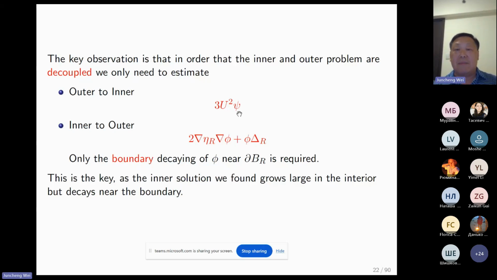So this is the main takeaway from this non-L2 case: because you cannot do a blowup argument, you are going to lose a lot and the inner solution will be very big inside. But fortunately, the inner solution has a little bit of decay near the boundary, so we need to construct such kind of solutions.